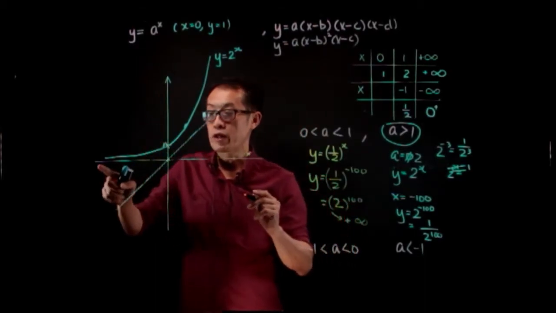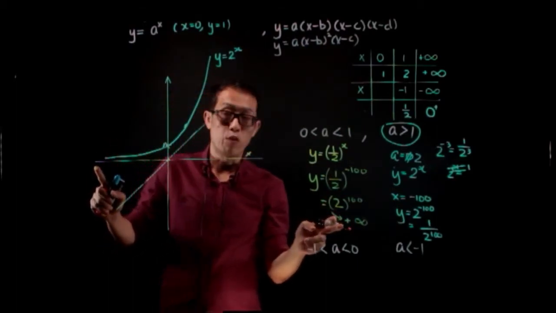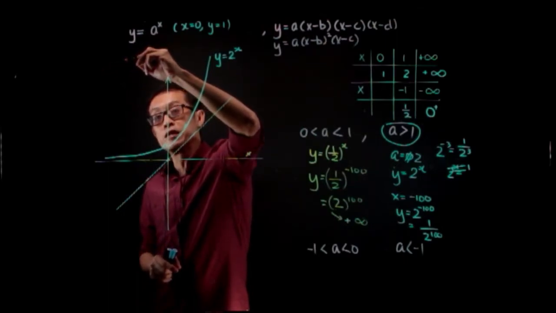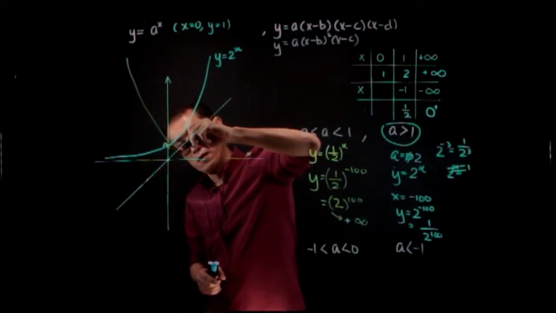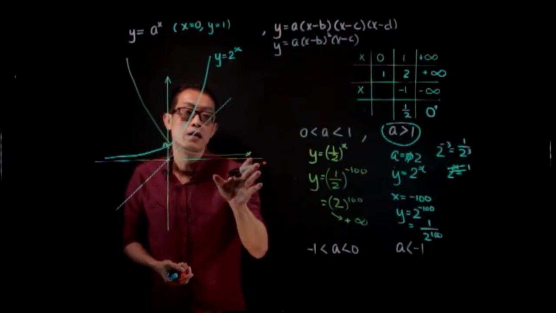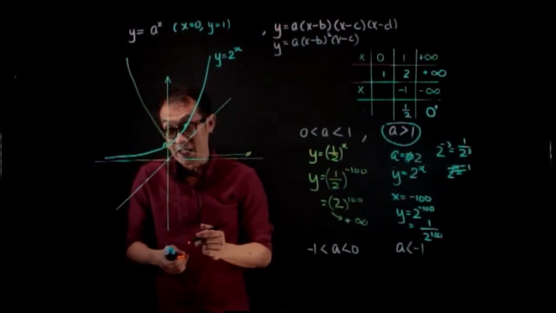When x is negatively large, the value of y tends to infinity. So your graph will look something like this, getting closer and closer to the x-axis. You'll find that it's just like a mirror image of the previous graph.